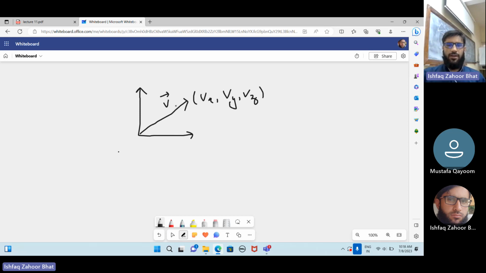So we define the norm of the vector. If we take the first norm, this is defined as Vx plus Vy plus Vz. Then we define the second norm like this.